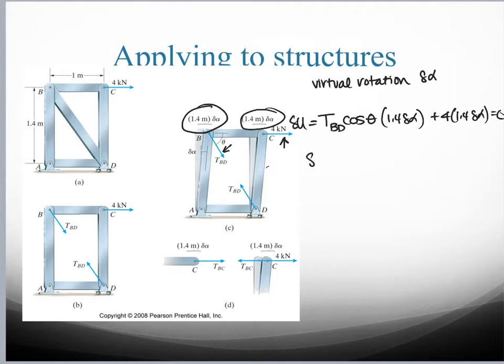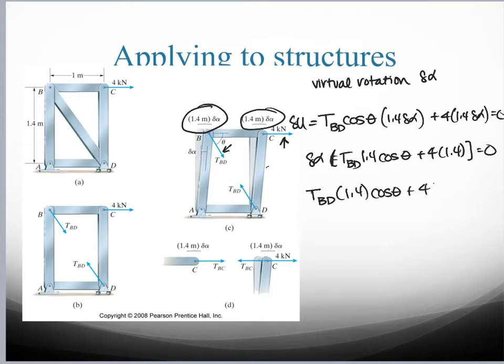We can see that delta alpha can be factored out. We get TBD times 1.4 times cosine of theta plus 4 times 1.4. And so our relationship here is TBD times 1.4 cosine of theta plus 4 times 1.4 equals 0.